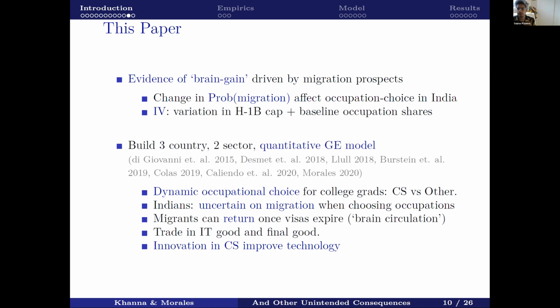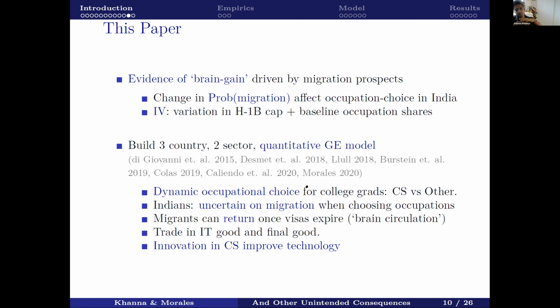Right, we model this occupational choice, Indian students choosing whether to become computer scientists or other workers. We model return migration. So there's not just brain gain and brain drain, but there's also this brain circulation with the return migration. We have trade and we have innovation.